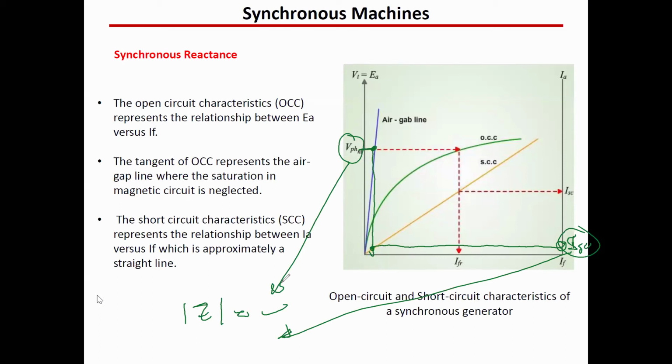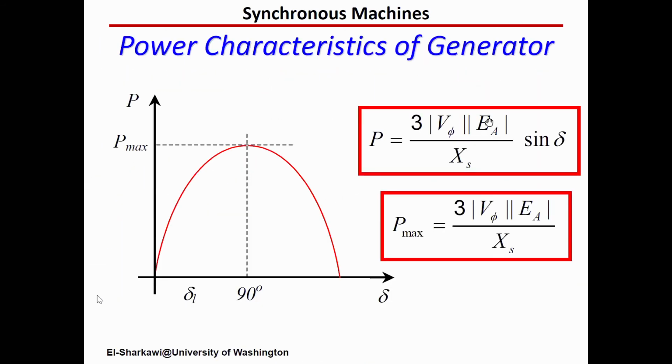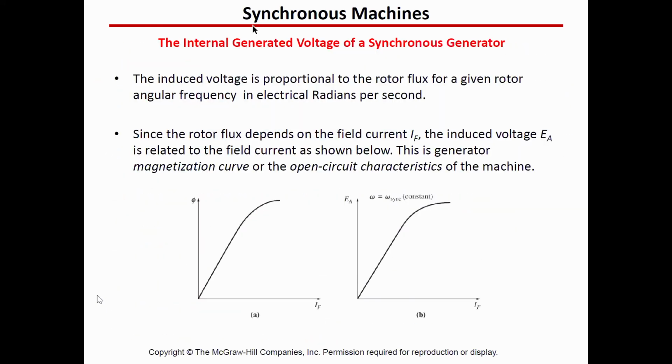Doctor, why is the short circuit current curve linear, while the open circuit one is not linear? Which one? The yellow one, the short circuit. Oh yeah, because remember the magnetization curve is between B and H. Originally it's B and H, right?